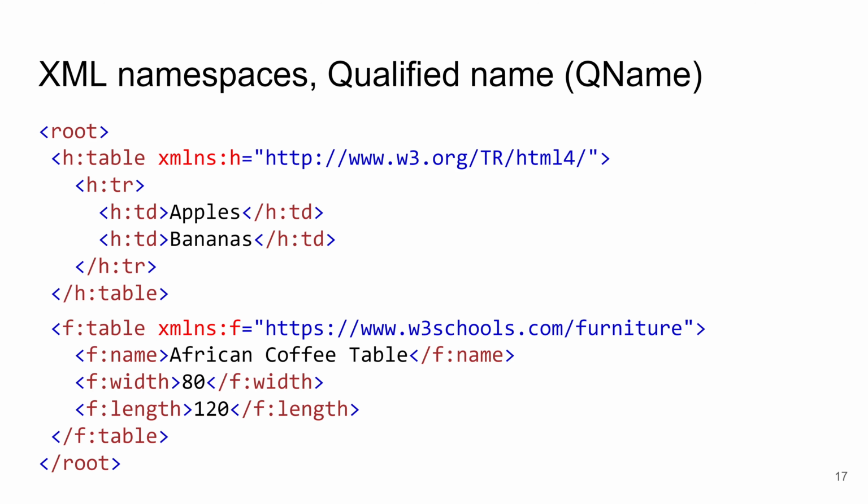And that is why the H table is a different element than the F table, because the H table is a pair which contains the H XML namespace IRI and the table element name, and the F table is a pair which contains the F namespace IRI and the table local name. So those two table elements from now on are clearly distinguishable using the qualified name. And again, a qualified name is a pair: namespace IRI and the element name.